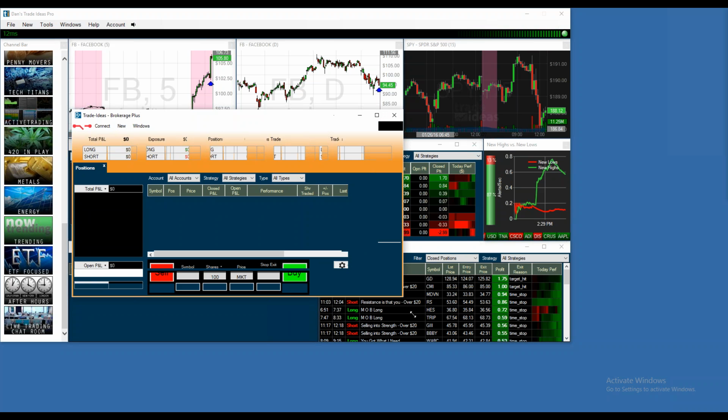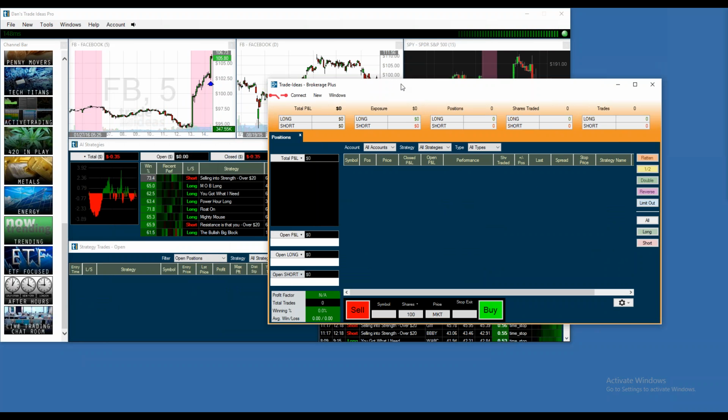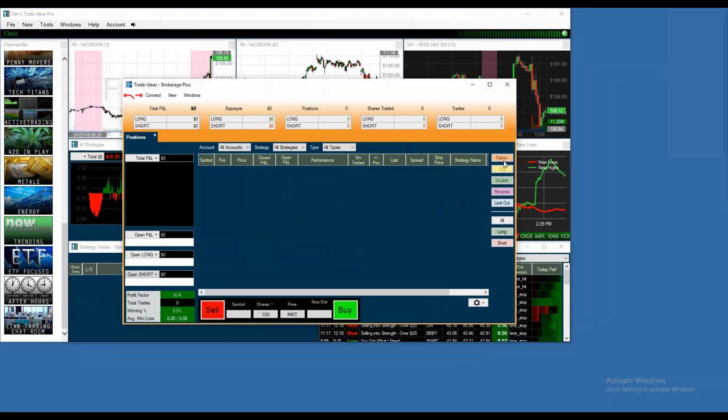Notice here, this is a really nice example of how the AI and the Brokerage Plus are not that dissimilar. Here you can see how flatten, half, double, reverse, limit out, everything is optimized to be the most efficient.